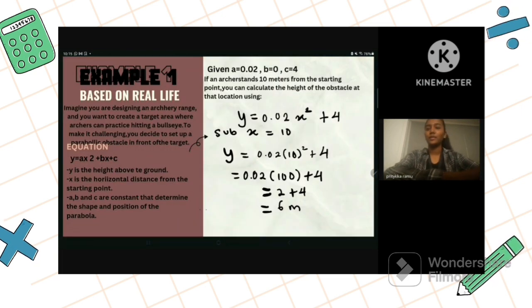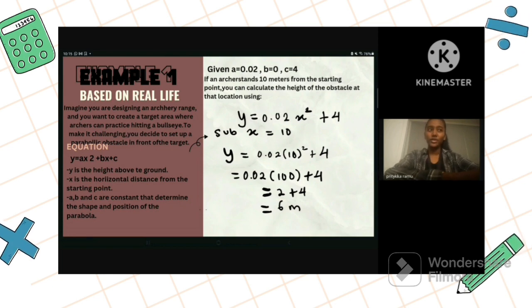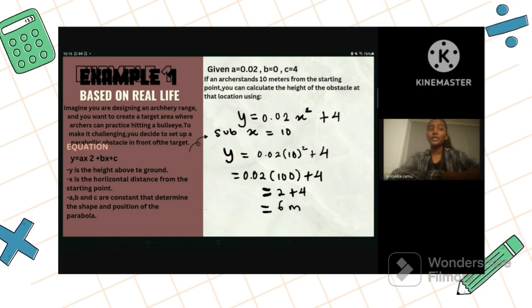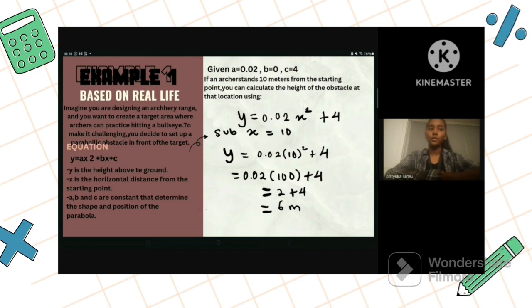Here are some examples based on real life. Imagine you are designing an archery range and you want to create a target area where archers can practice hitting a bullseye. To make it challenging, you decide to set up a parabolic obstacle in front of the target. The equation that we use is y equals ax squared plus bx plus c. Y is the height above the ground, x is the horizontal distance from the starting point.